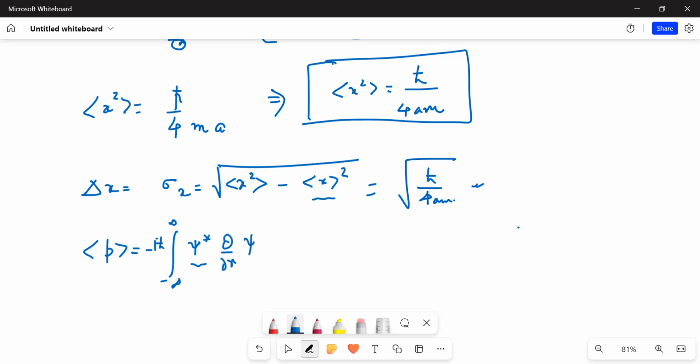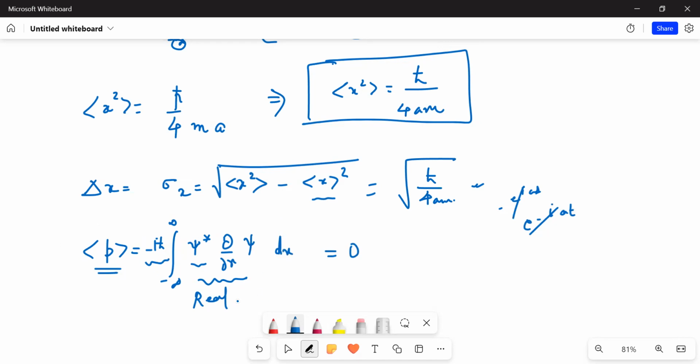From here, you have this time-dependent factor e to power minus i omega t, and in psi star you will have e to power i omega t. So this time-dependent factor would get cancelled. So you don't have any imaginary term here, so clearly this integral would be real. Understand that the expectation value of momentum or anything measurable should be a real thing. So overall, this entity would be 0 because there is a minus i h cut in front.